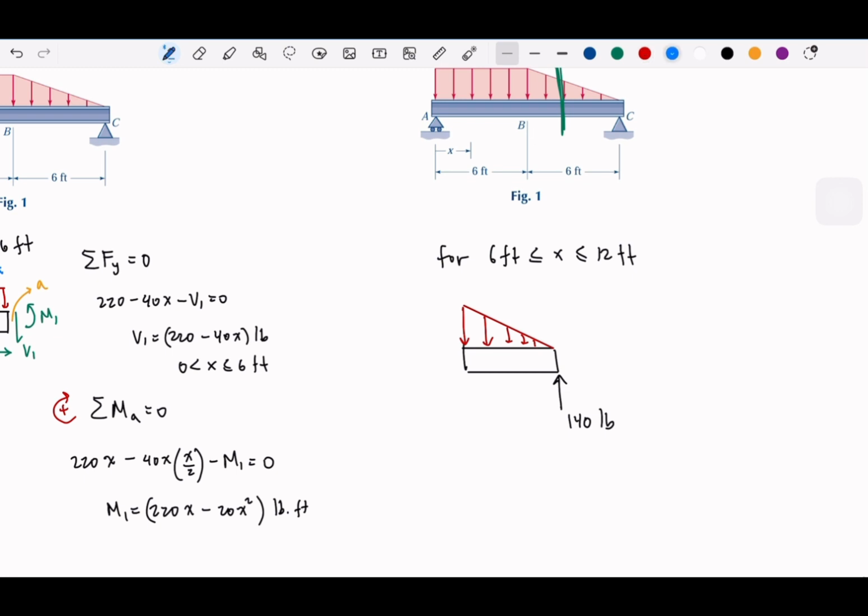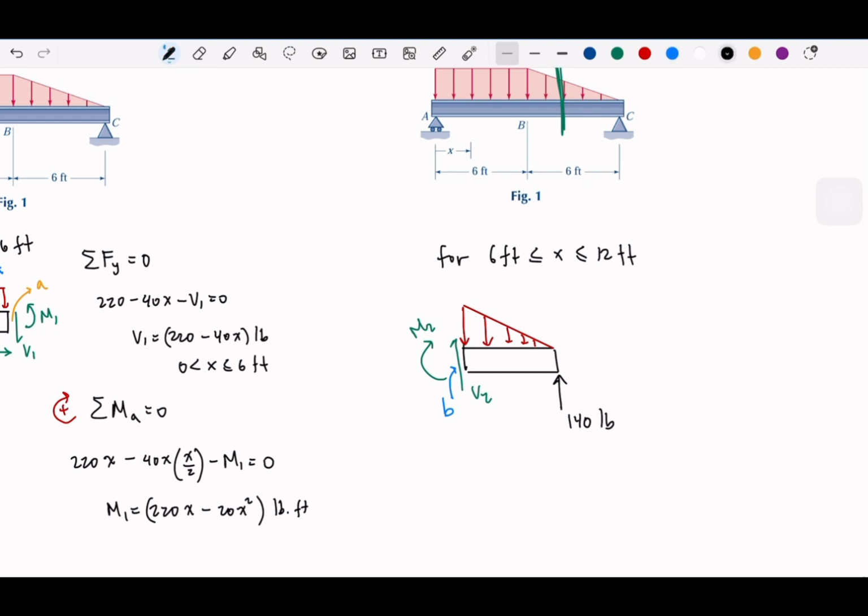And suppose this is small b, and then here we have V2 and M2.